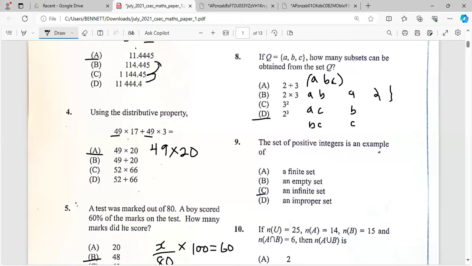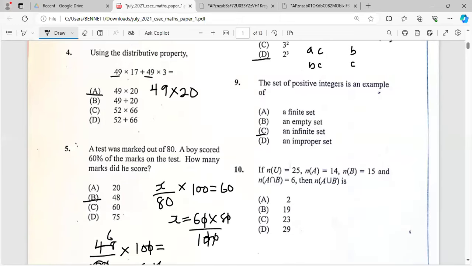And for 10, it says if the union is equal to 25, the number in A is 14, the number in B is 15, and A intersect B is 6, then find A union B. So you can draw one little diagram. So this is our 25.